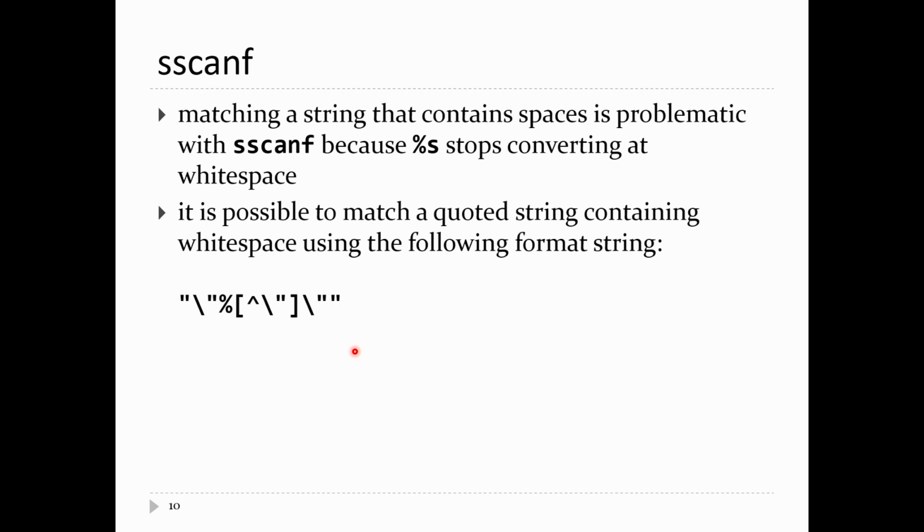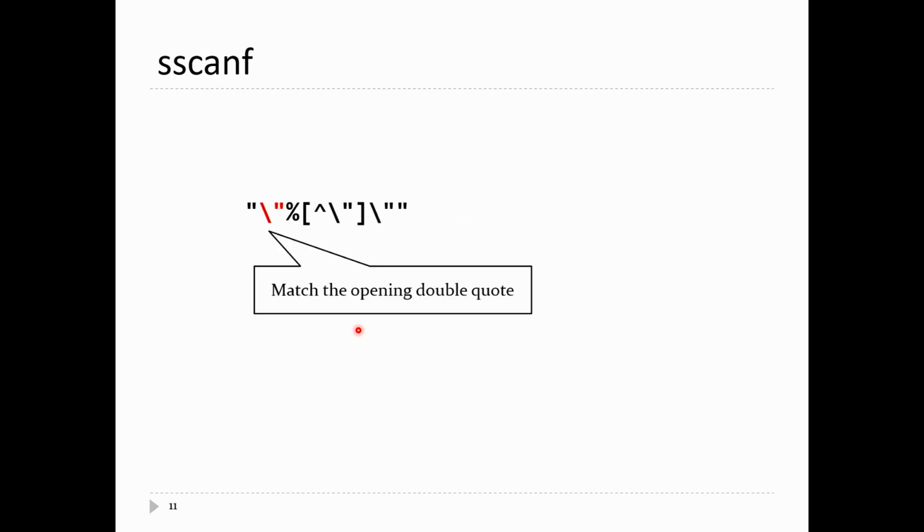When you see this the first time, it's like, what on earth is going on? But if you take it apart piece by piece, it's not too bad. So remember, I have a string. The first double quote and the last double quote mark the limits of the string literal. If you want to put a double quote inside of a double quoted string, you have to escape it. So backslash double quote will match the opening double quote.